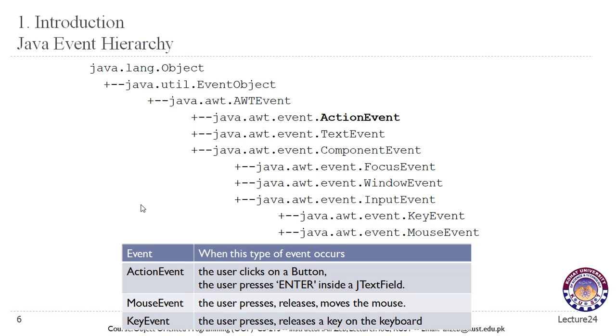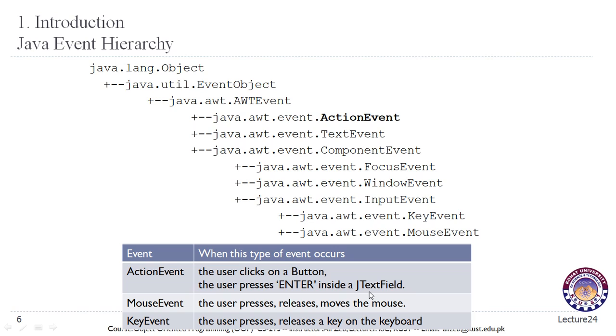So this is a hierarchy of the different events that can occur. We might be interested in this one. For example, an action event, we have handled this kind of event in our previous examples. It occurs when the user clicks on a button or the user presses enter inside a text field.